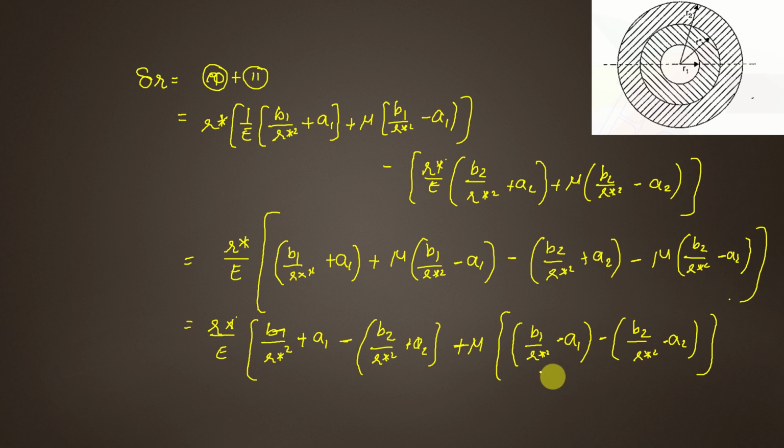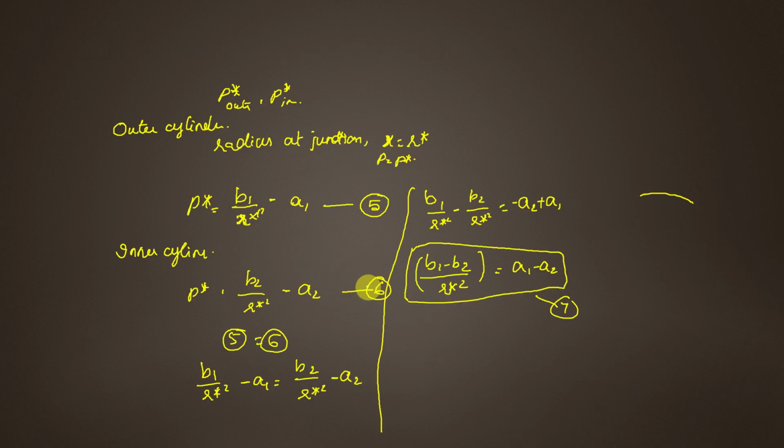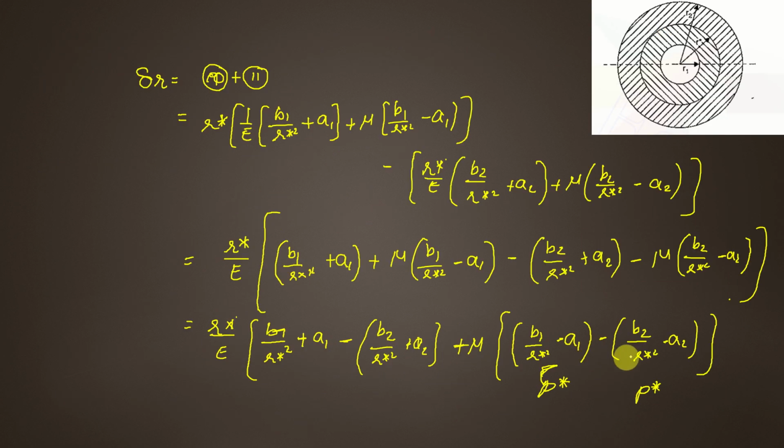If you remember, this is nothing but the P star for the outer cylinder, and this is P star for the inner cylinder. We have the equations we saw in the first step. We said these two are the same, so we have equated them. Now we can simply cancel these two as they are the same, right?